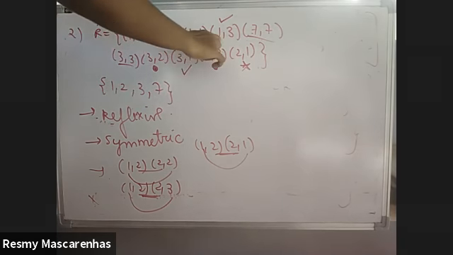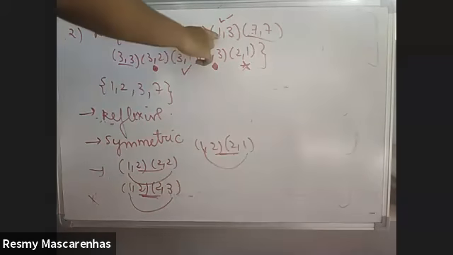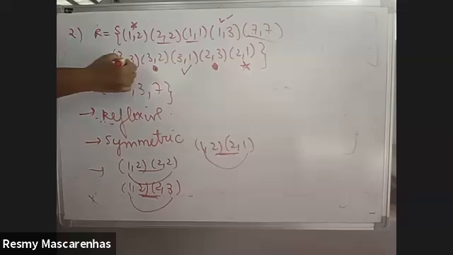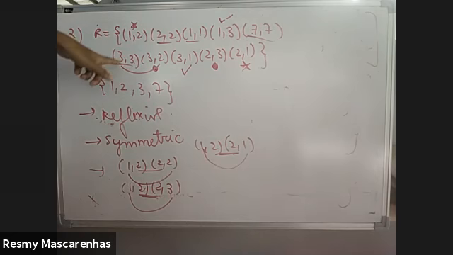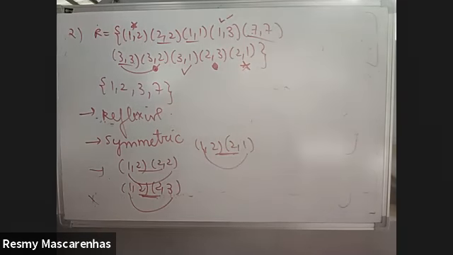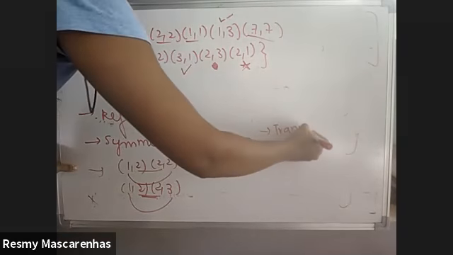Then 1, 1, 1, 3 gives 1, 3, still there. 1, 3, 3, 3 gives 3, 3, still there. Then 3, 2 is there. Like this, if you try, all will work. So it will be transitive. All the pairs are working out.